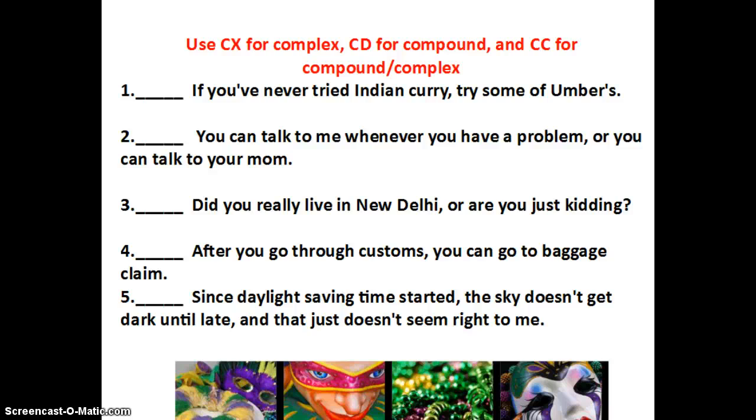So if you start by looking at the first sentence, let's see if there are any AWUBIS words. I see one. If is an AWUBIS word. So if you circle it, that will help you know that it starts what kind of clause? Dependent. So I'm going to underline my dependent clauses.